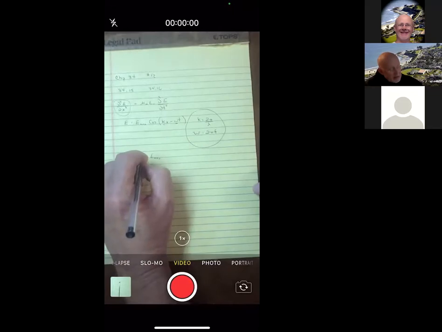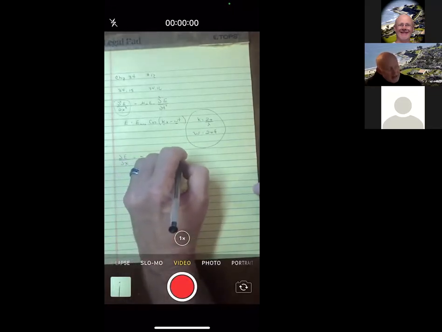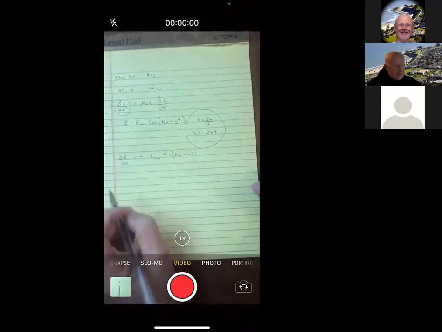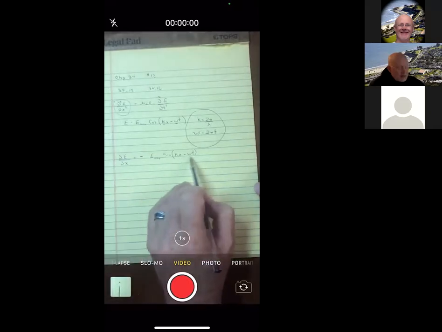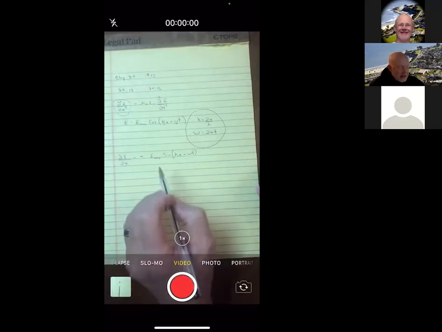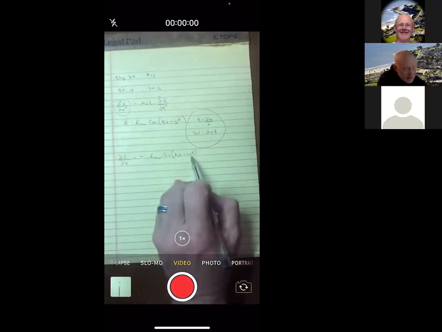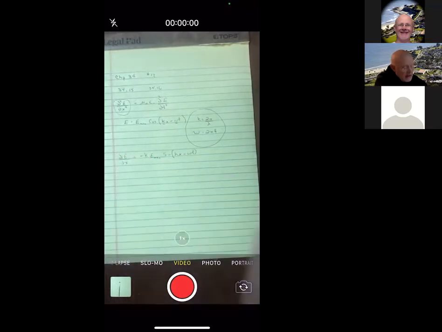So I'll put a negative out in front and then put a sine. And it's then the same argument, kx minus omega t. The chain rule would say take the derivative of the inside piece, and it says with respect to x. So the second term doesn't have an x in it, so that derivative would be 0. But the derivative of x is just 1, so that would leave a k.